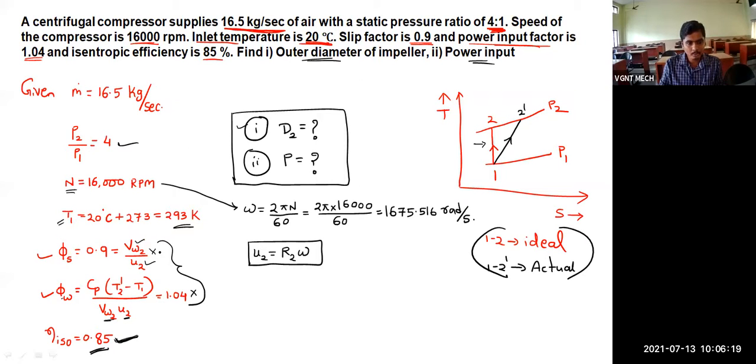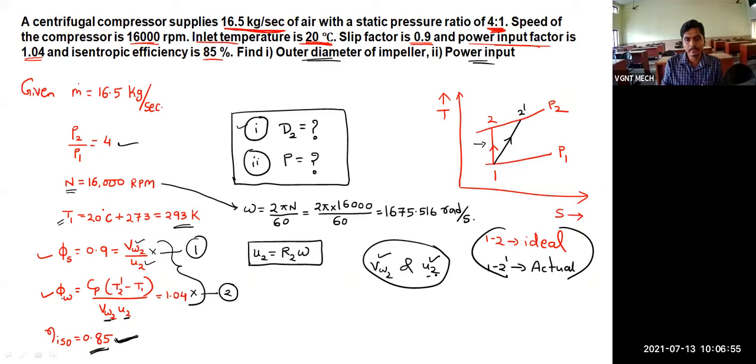This is equation 1 and this one is equation 2. We have two equations and two unknowns, so if we solve by using calculator, we can get the values of VW2 and U2.